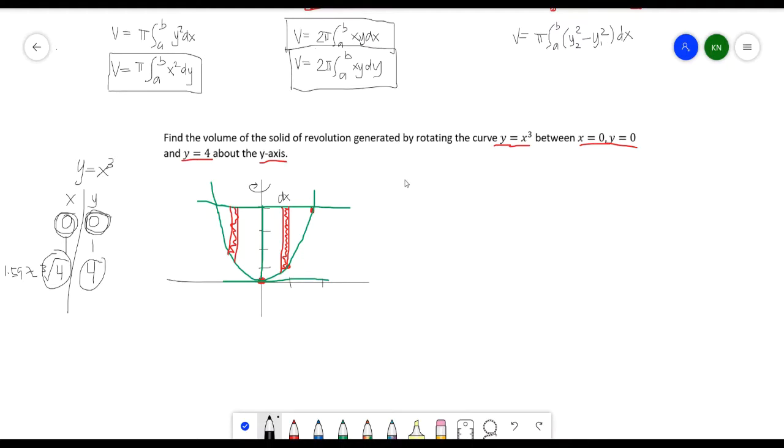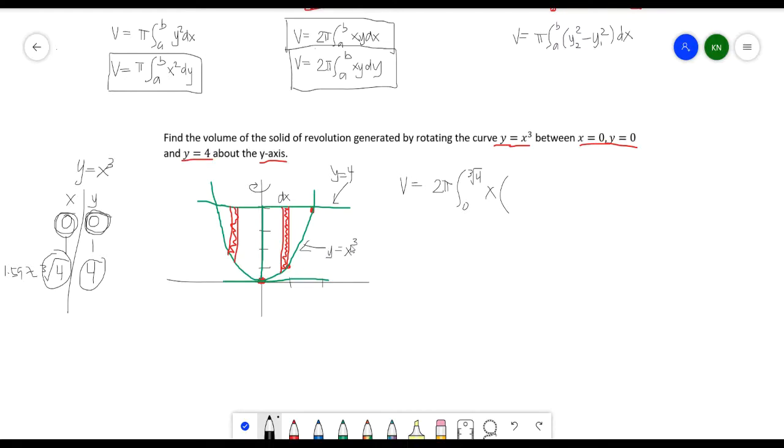We now have the equation of our problem: V is equal to 2 pi, integral from 0 to cube root of 4, then x, and for our y, since this involves two curves, we have y equal to 4 and this curve, y equal to x cubed.